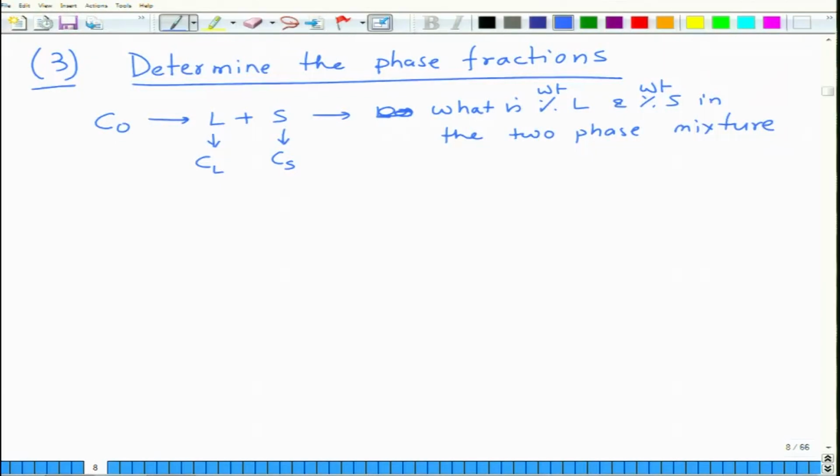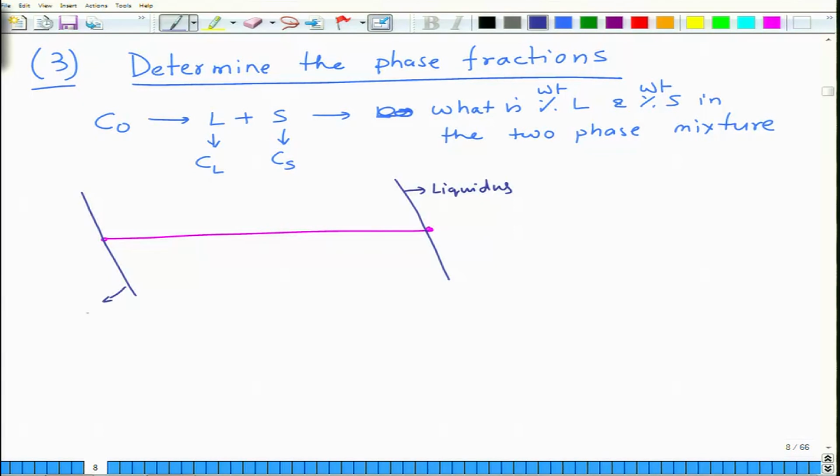So basically what we want to determine is, let me draw the tie line again. So this is the tie line. This is the intersection with the liquidus, and this is the solidus.